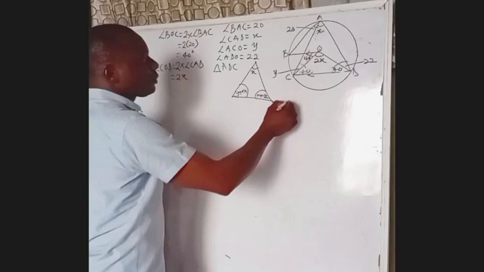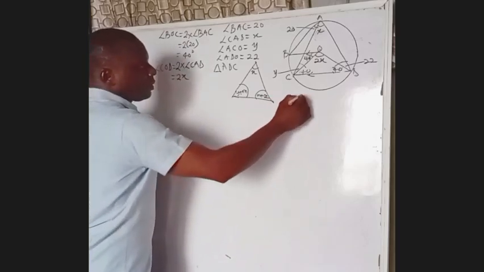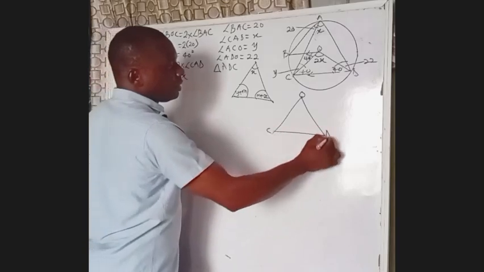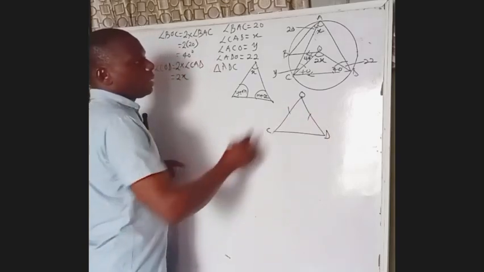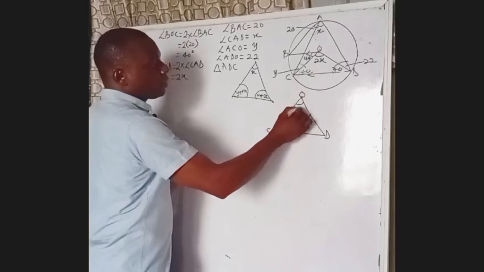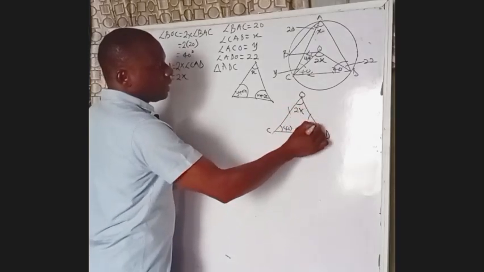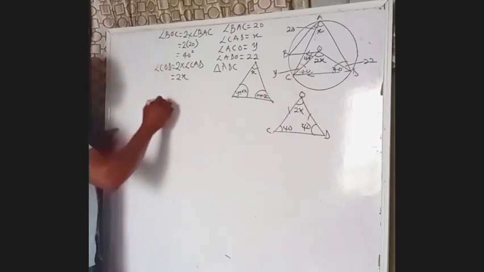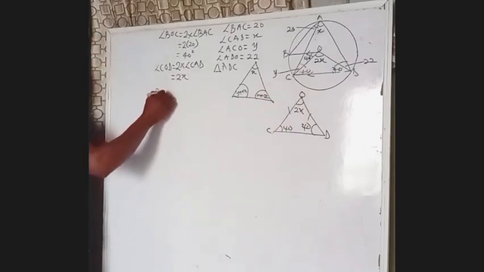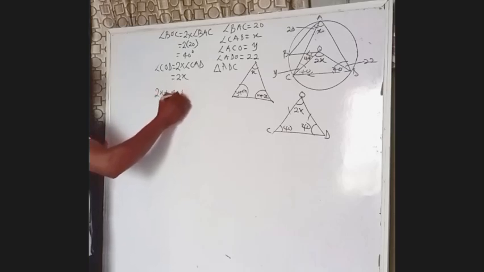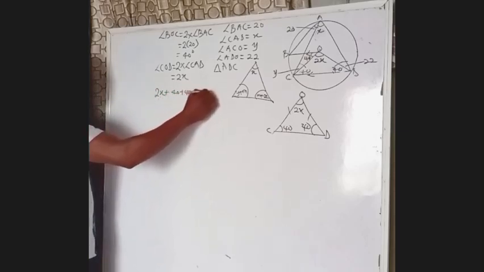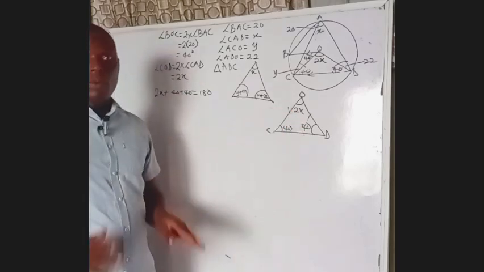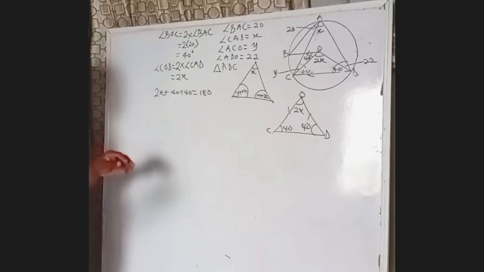So from triangle OCD, these two are the same because it is an isosceles triangle. This is 2x, here we have 40, here is 40. If we add them together, 2x plus 40 plus 40 is equal to 180, since the sum of the interior angles of a triangle is 180.